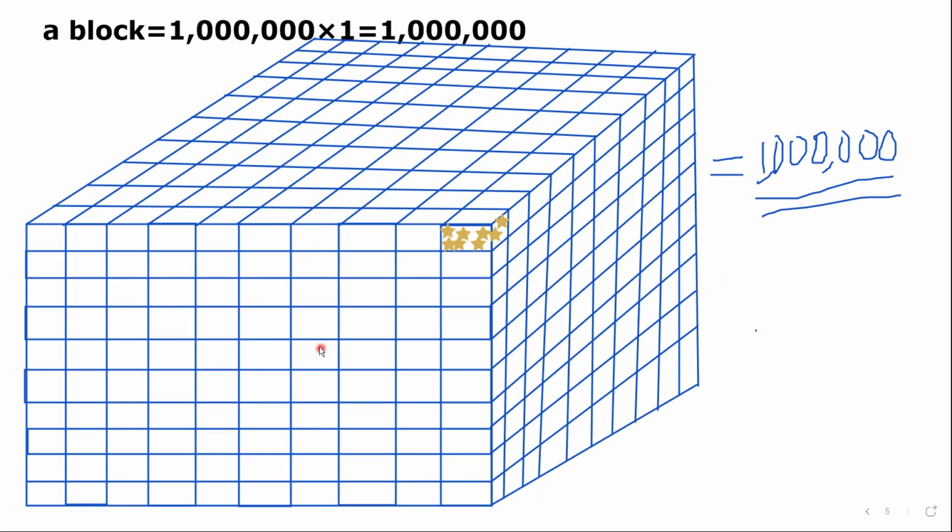A block is also made up of what? 10 times of flats. That is why the first face here looks like a flat. The next one is another flat that has been packed behind, and so on to the other end. So this is how the multi-base block method looks.